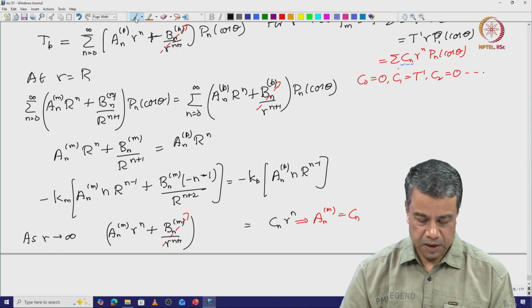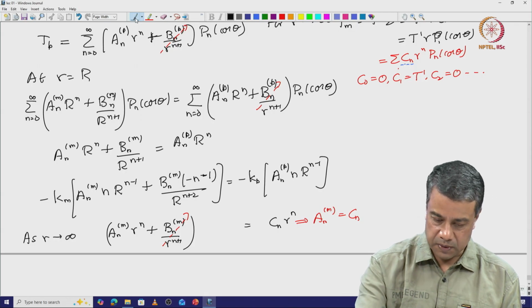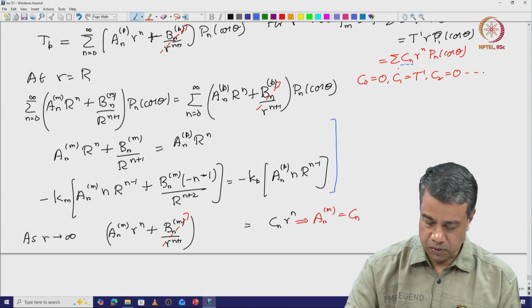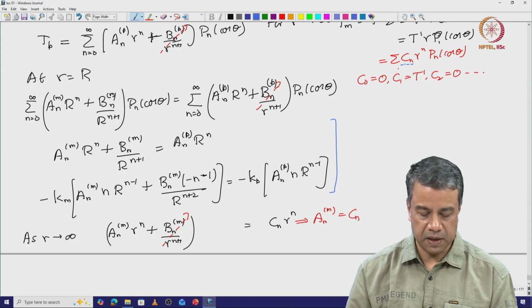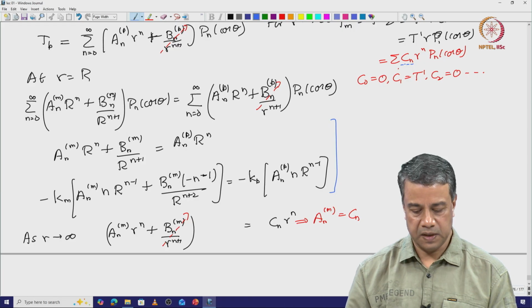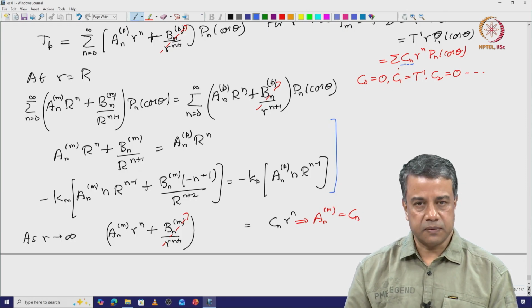And if A n matrix is equal to 0, you can see that these two equations are basically two linear equations for A n particle and B n matrix. You can solve these equations quite easily.